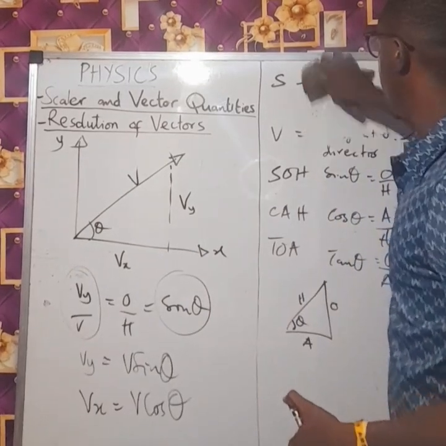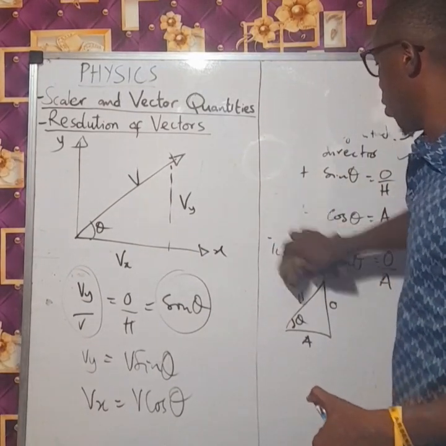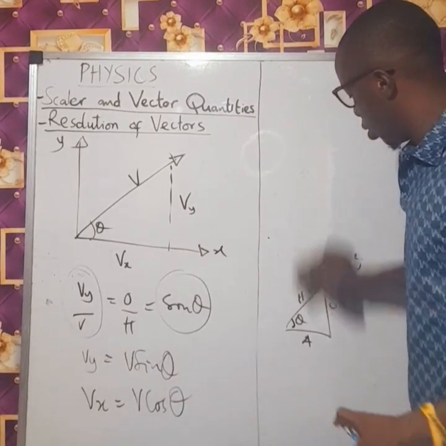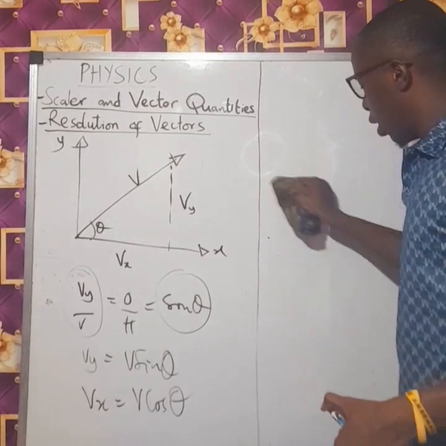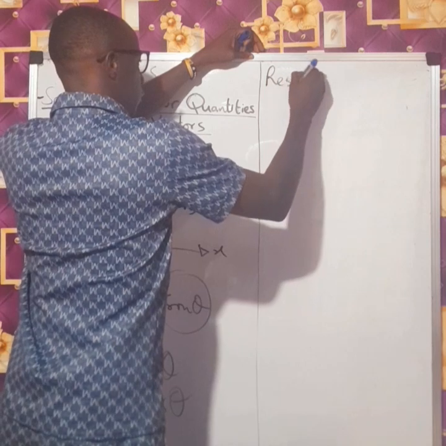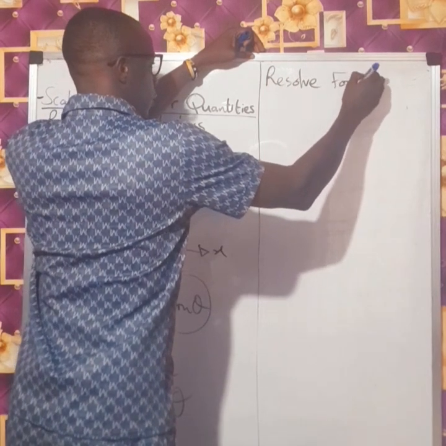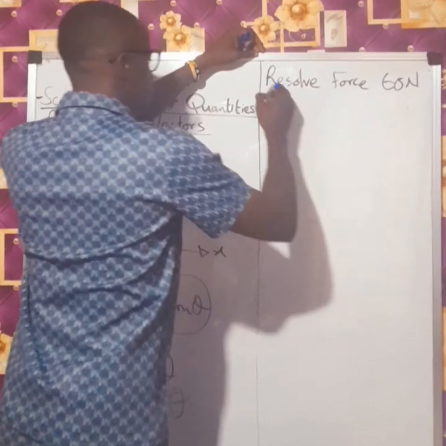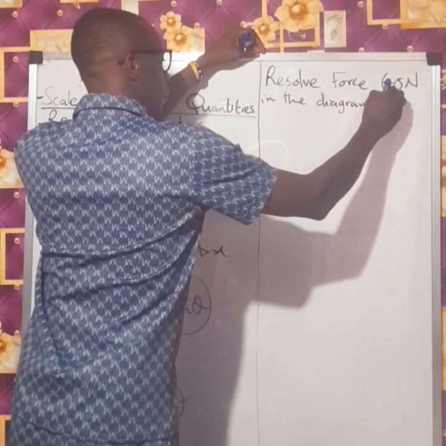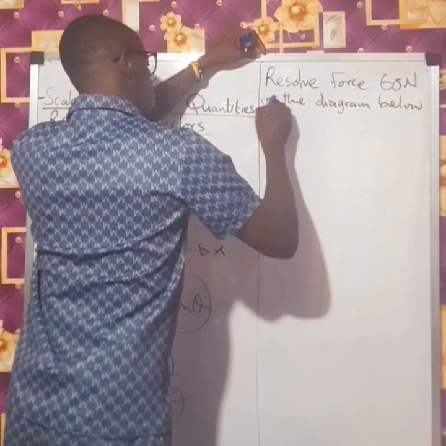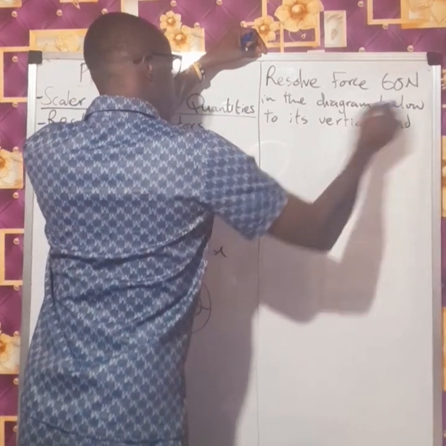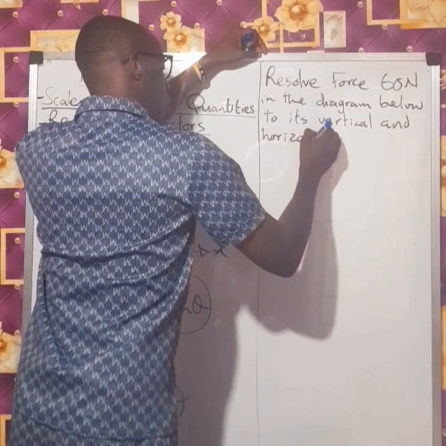Now let's look at a very small example for today. Resolve the force of 60 newtons in the diagram below into its vertical and horizontal components.